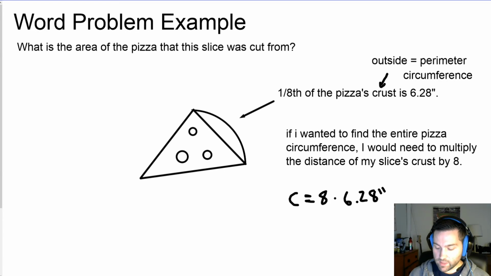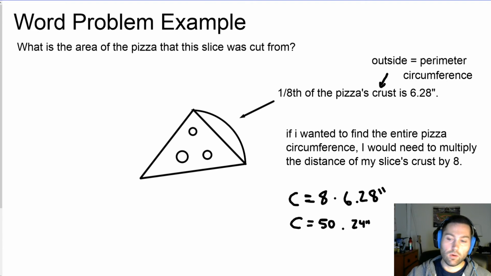So I'm going to type in 8 times 6.28 on my calculator, and I get that the circumference of the pizza is equal to 50.24 inches. Okay, so I then know that circumference is equal to the diameter times pi.